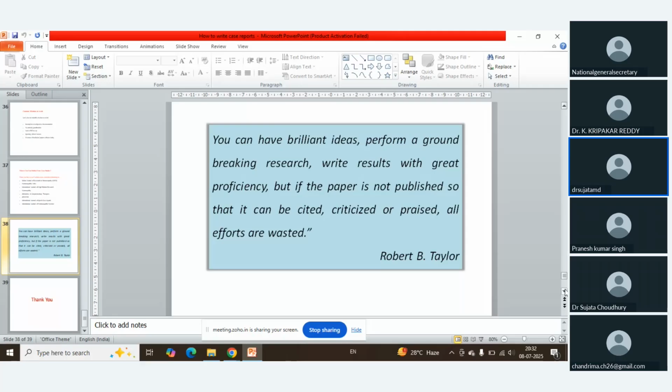If we have cured a patient by following this structured, systematic way and we do not publish the case, what happens after publishing is citing, criticizing, or praise.